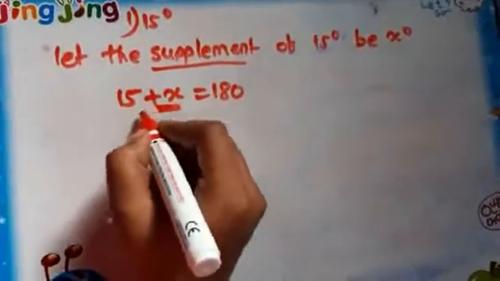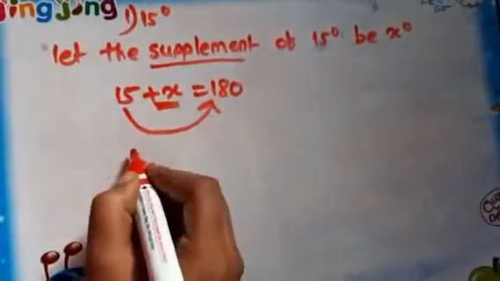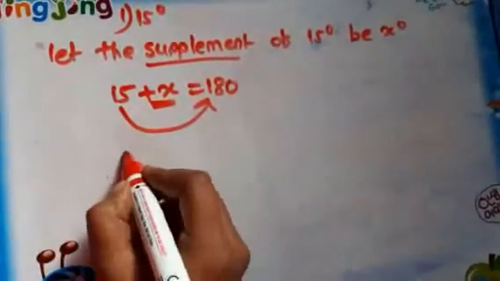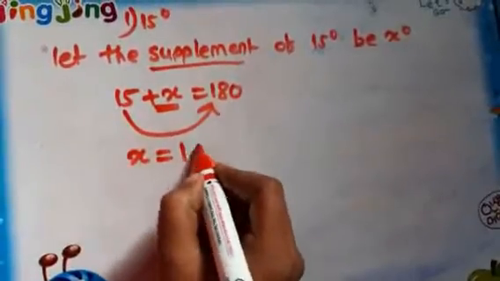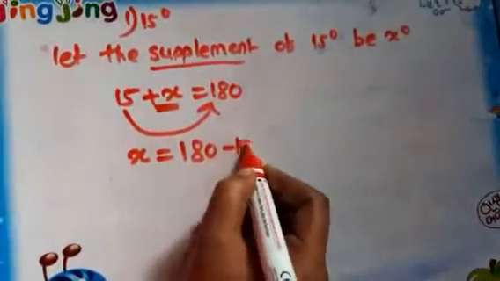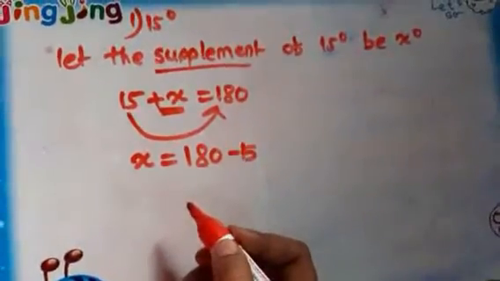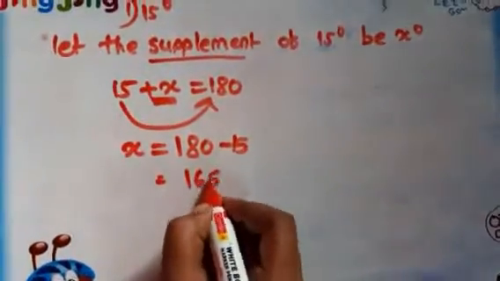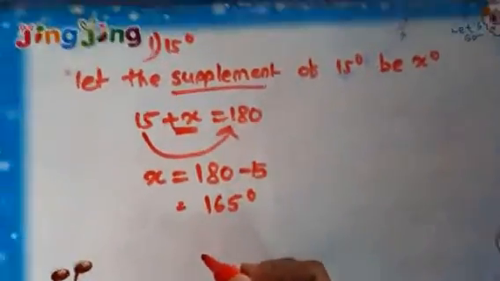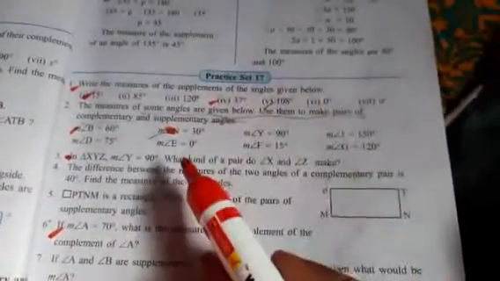To find x, we shift 15 to this side. It is positive, so it will become negative. So x is equal to 180 minus 15, that will be 165 degrees. In this way, you have to solve the remaining questions from 2 to 7.